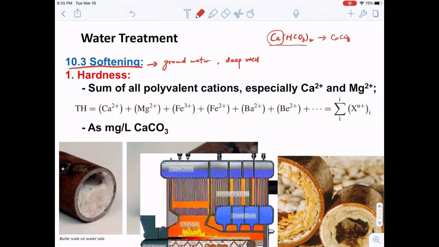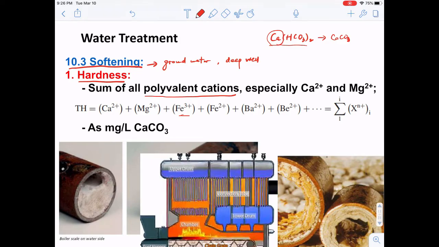To calculate the hardness: hardness is a parameter that evaluates the concentration of all of these polyvalent cations. They can be in the state of +2, or in the state of +3. So it is a sum of all of these polyvalent cations, which will become sediments when they are being heated.